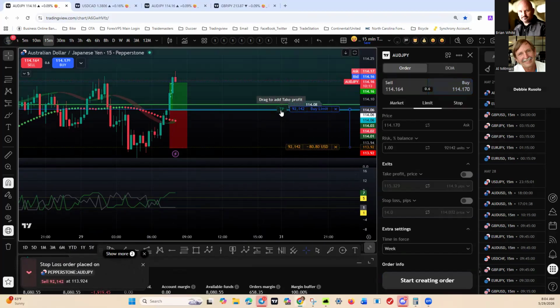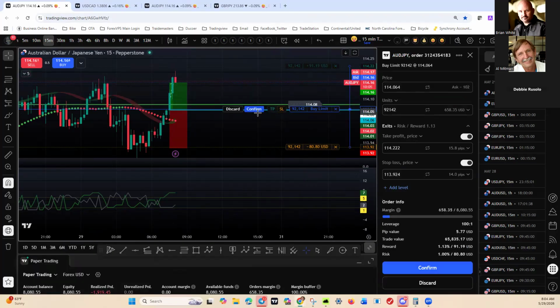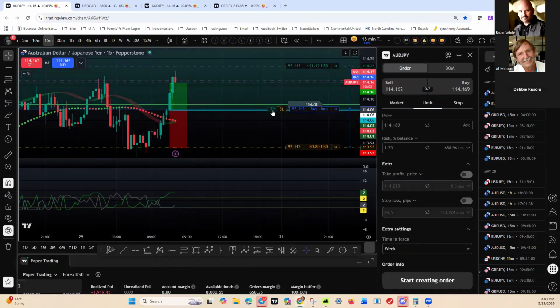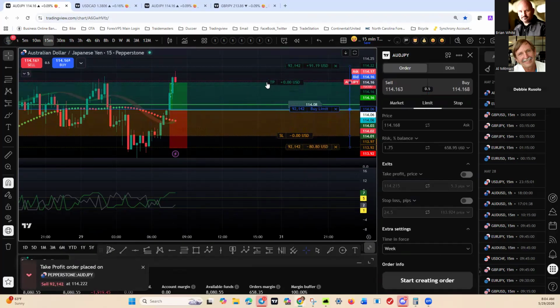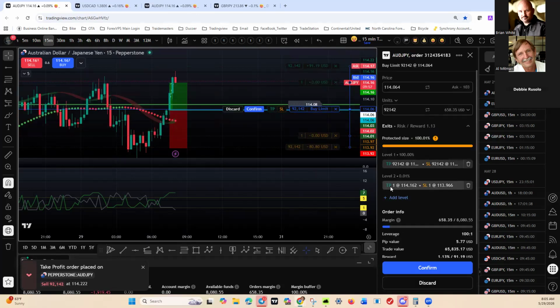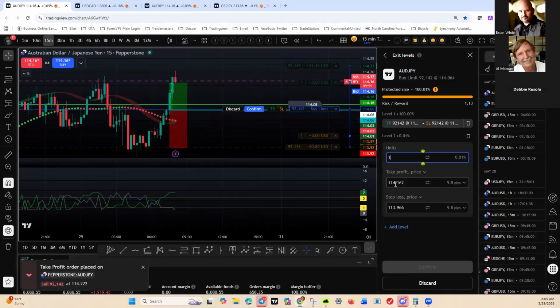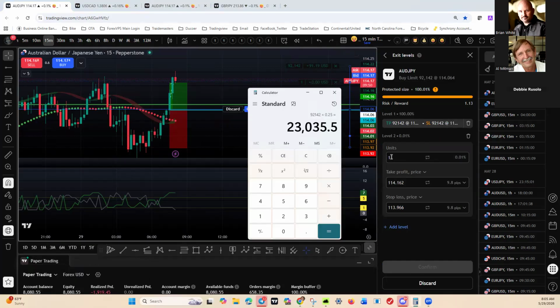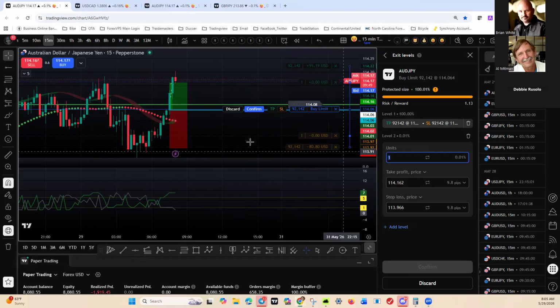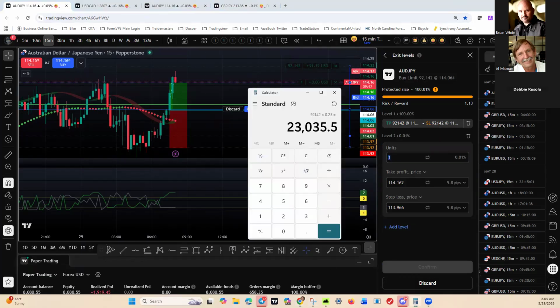So now this target is the 17 and a half pip target. This target is going to be the 10 pip target. And over here you can see with the 10 pip target, I can put this up here. And remember I said we had 23,003. So I'll just make this 23,036, we'll call it.